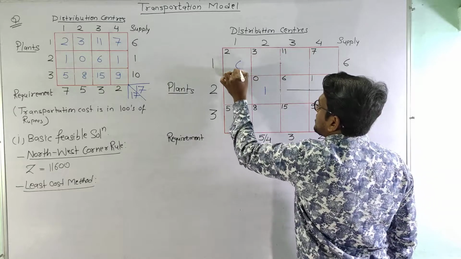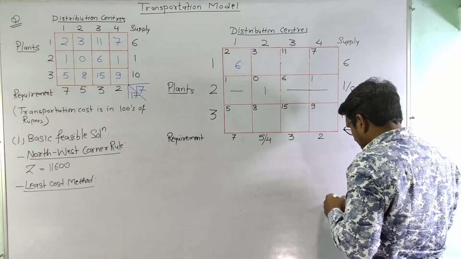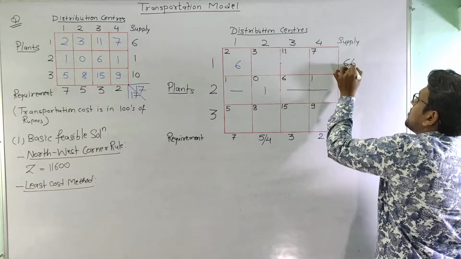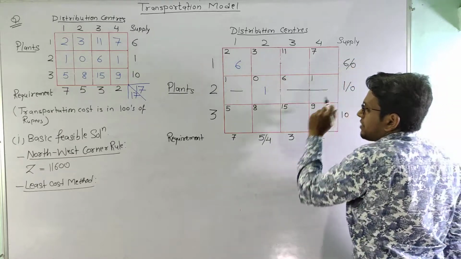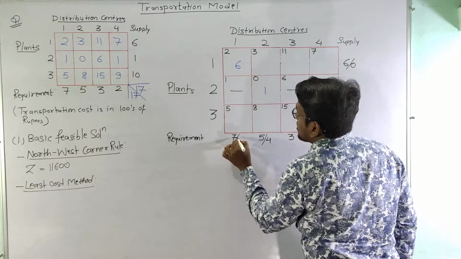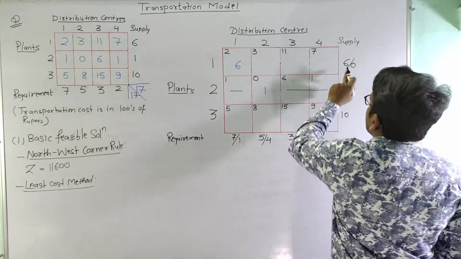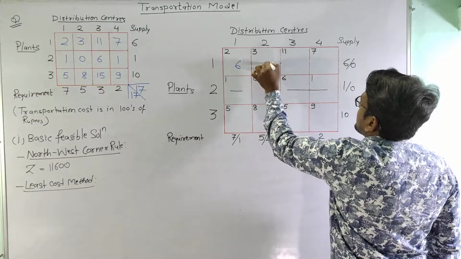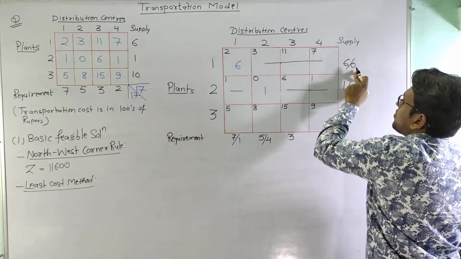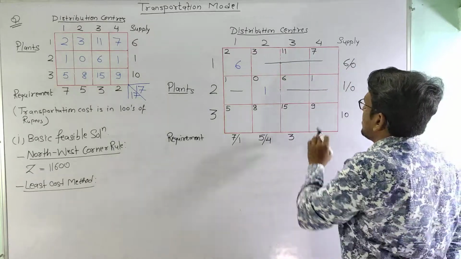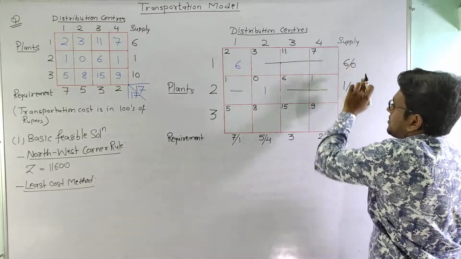So we have allocated 6 here. Now we have 0 supply here, and out of 7, 6 has been fulfilled and only 1 is remaining. Once this is fulfilled, we can exit this row, so that no allocation can be done here because the supply has been exhausted.